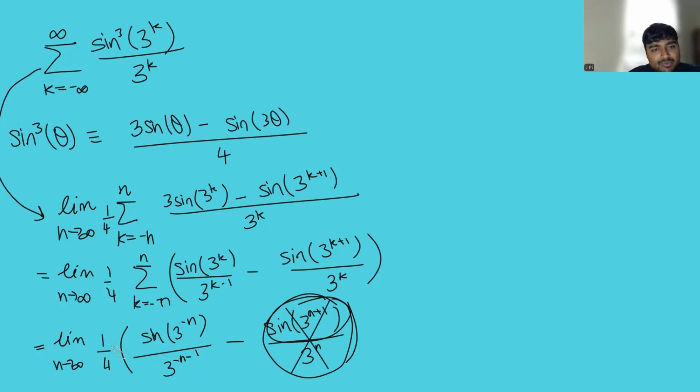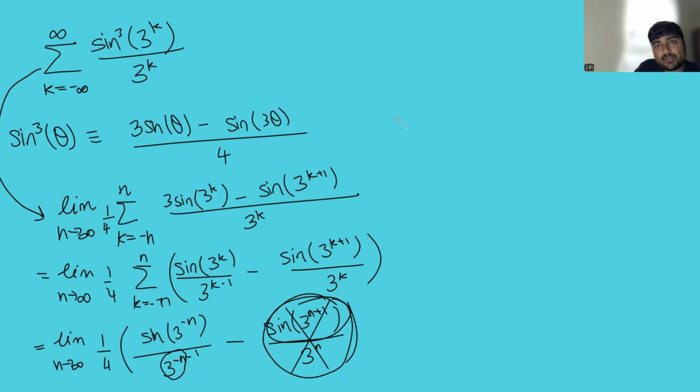And then I'm just left here with sine of 3 to the minus n divided by 3 to the minus n minus 1. Well, what does that equal? As n tends to infinity, 3 to the minus n tends towards 0. But I've got a 3 to the minus n on the bottom as well, and that's going to tend towards 0.